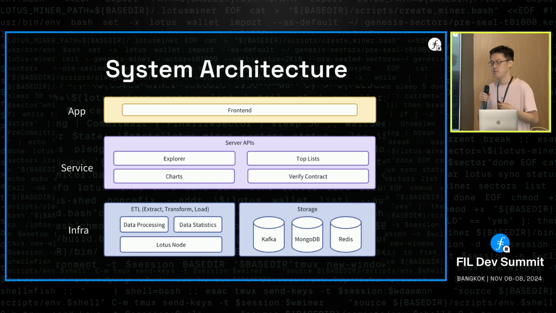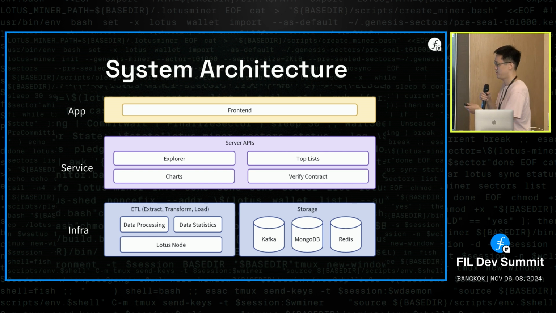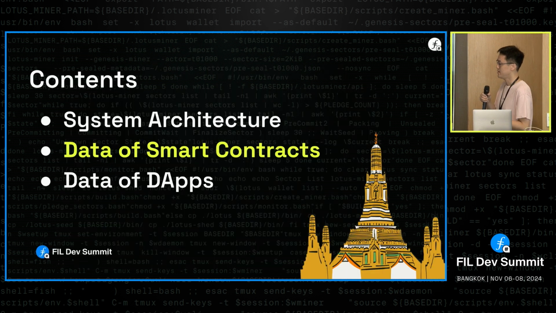Actually, right now we are using the storage service which is used to mine Filecoin to provide the storage for the Filfox Explorer, especially the MongoDB. MongoDB needs a lot of storage to store all those blocks and transactions from day one of the Filecoin blockchain.